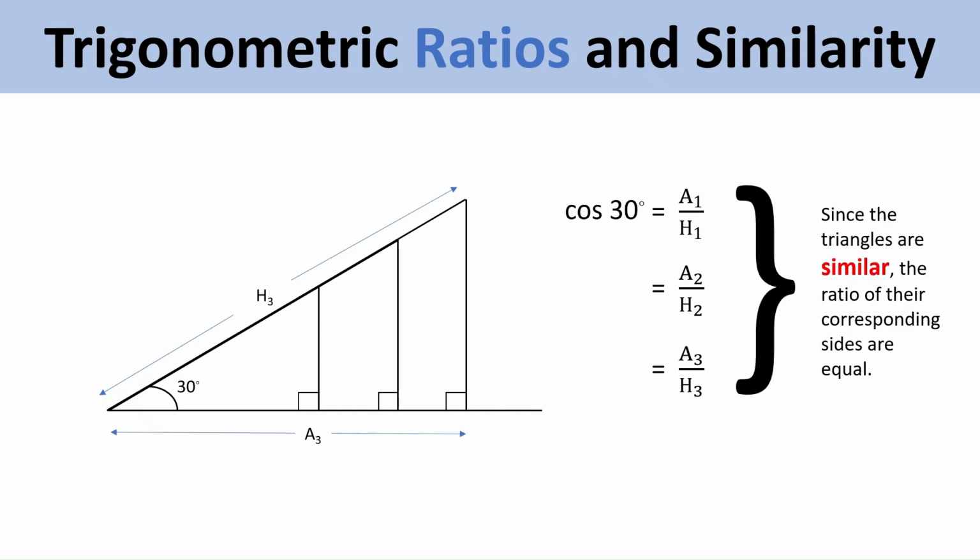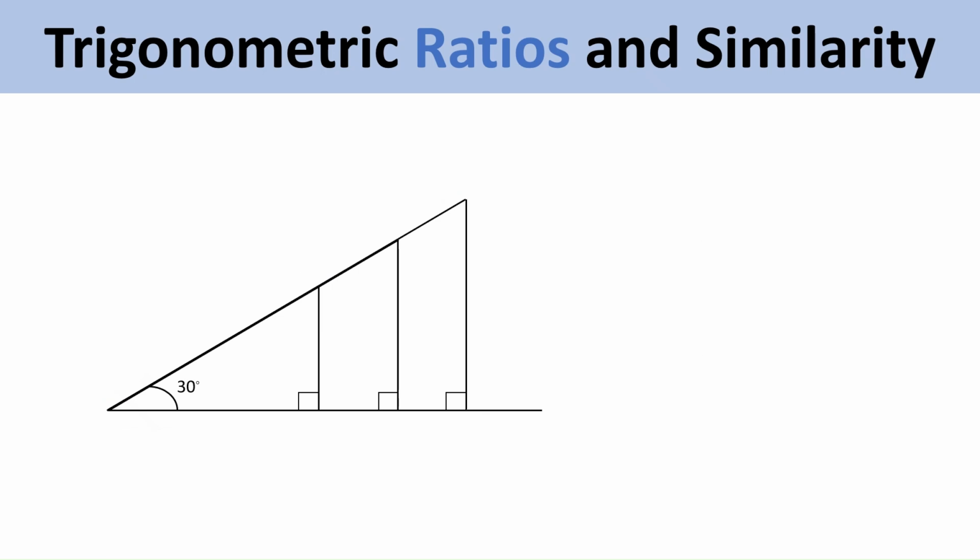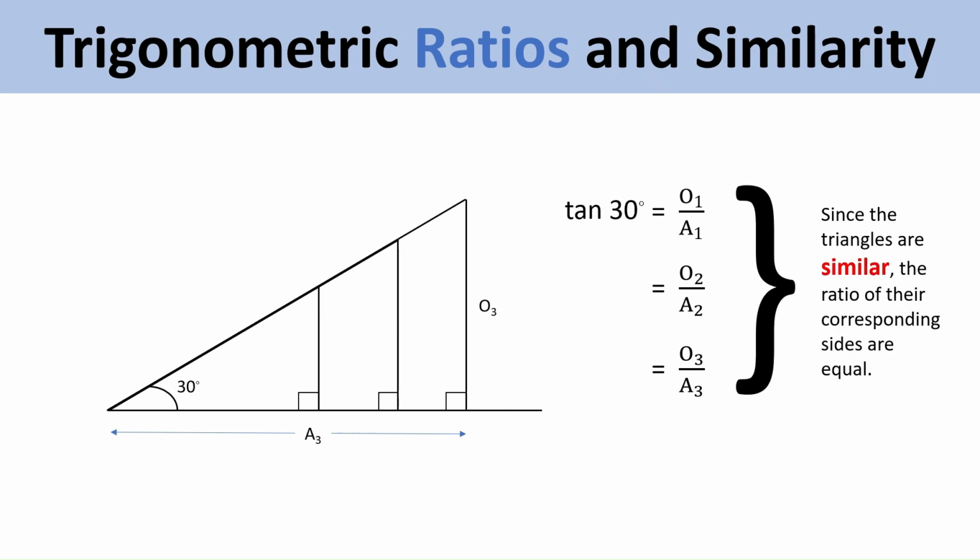These are all equal because the triangles are similar and the ratio of the corresponding sides, in this case the adjacent side and the hypotenuse, are equal. The same reasoning would apply for tangent 30 degrees, which is the ratio of the opposite side to the adjacent side. So therefore, O1 over A1 would be equal to O2 over A2, which would also be equal to O3 over A3 because the triangles are similar.